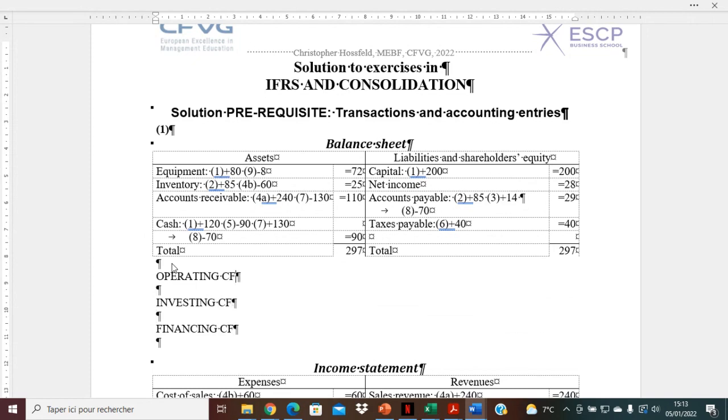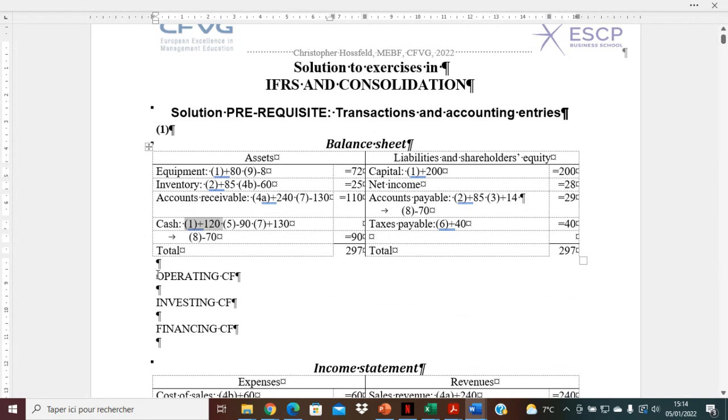The cash movements have already been accounted for. So for example, here in transaction number 1, I had a cash movement of plus 120. I received money, and this money is from the shareholders. Now remember, the shareholders provided cash of 120 and an equipment. So here the plus 120 is related to shareholder financing.